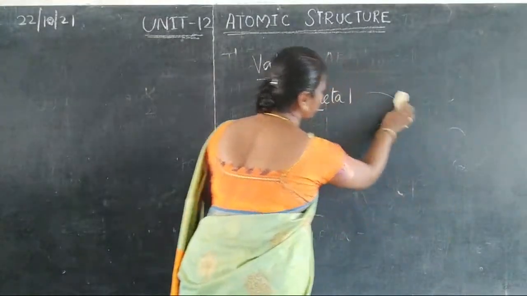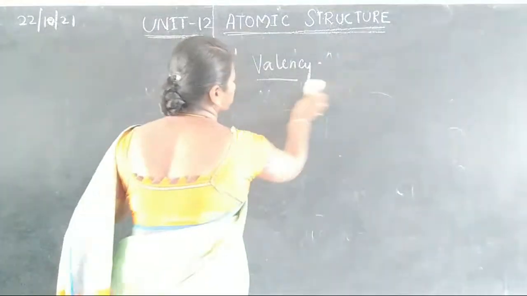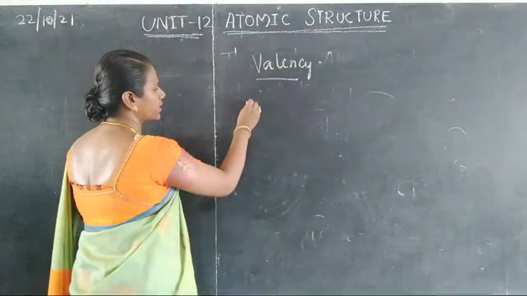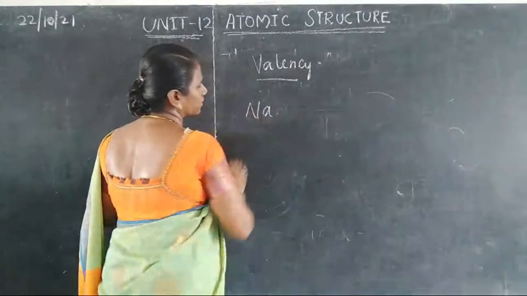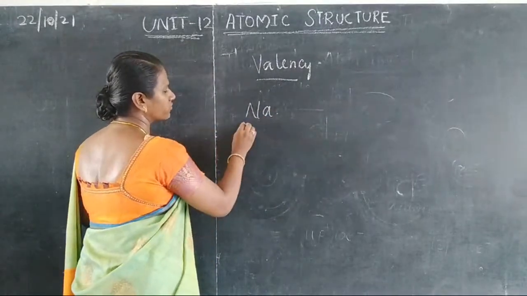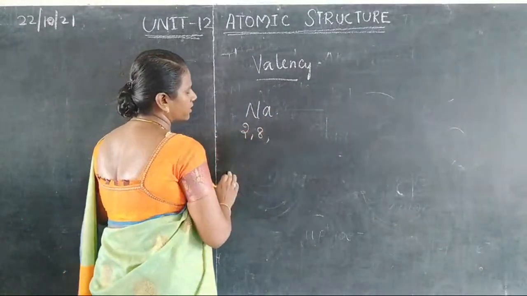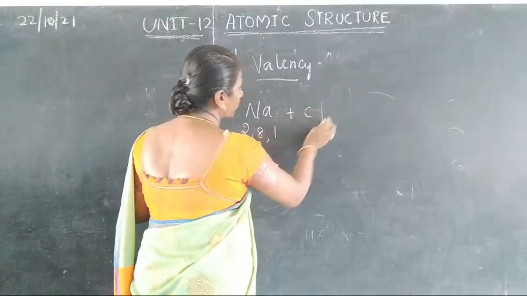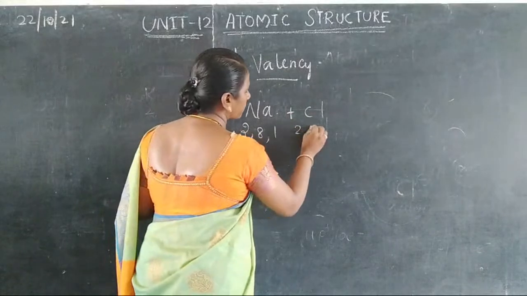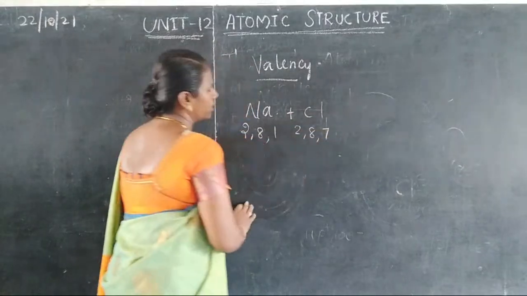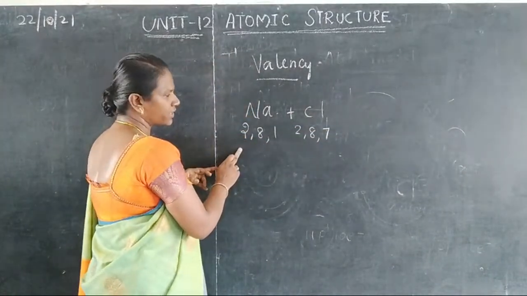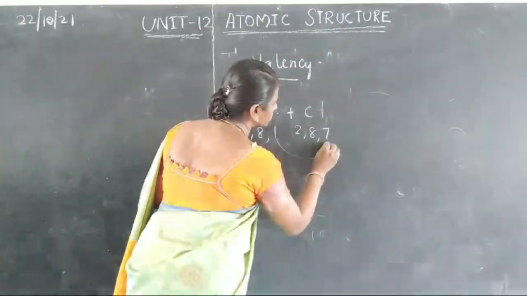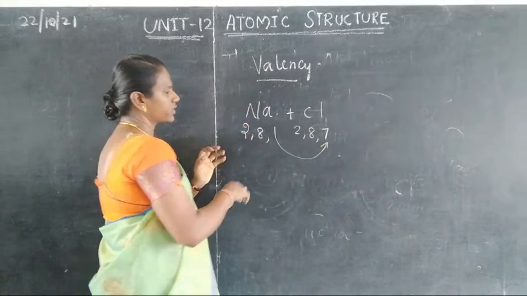For example, as we already know, the electronic configuration of sodium is 2, 8, 1. What about chlorine? The electronic configuration is 2, 8, 7. So here sodium gives 1 electron to chlorine.